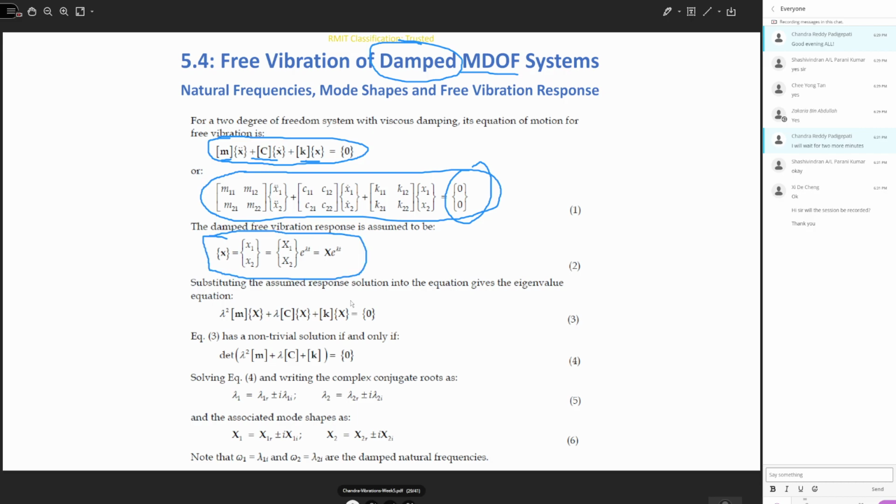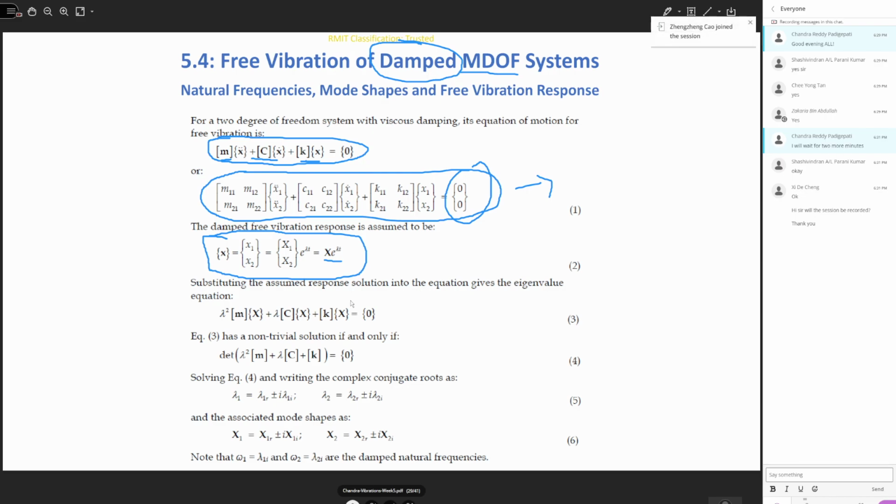We take the response matrix as capital X times e power lambda t. Here X is the amplitude, so it can include X1 and X2 in matrix format. Then we substitute the first derivative and second derivative in the equations, and we have this expression.